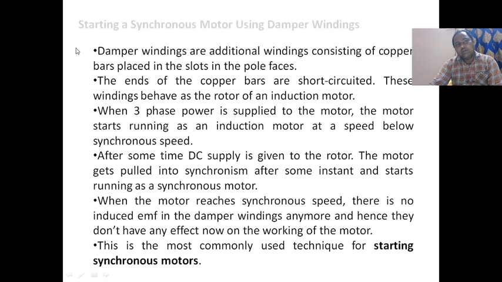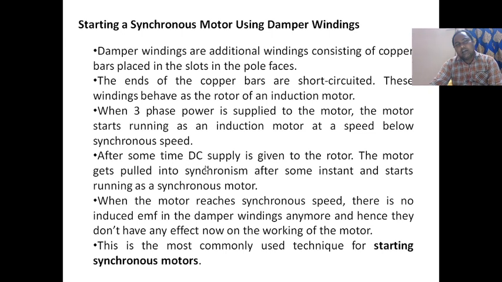Another important method for starting a synchronous motor is by using damper windings. Damper windings are additional windings consisting of copper bars placed in the slots in the pole faces. The ends of the copper bars are short circuited. This winding behaves as the rotor of an induction motor. When the three-phase supply is given, the motor starts running as an induction motor at a speed below synchronous speed.